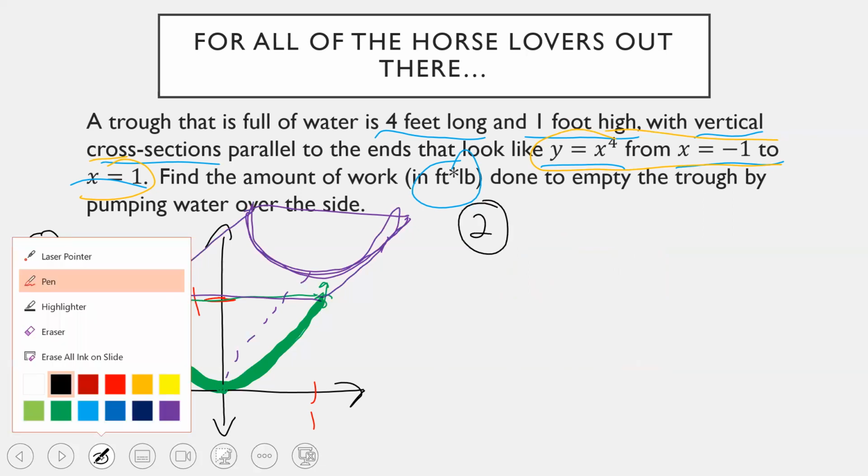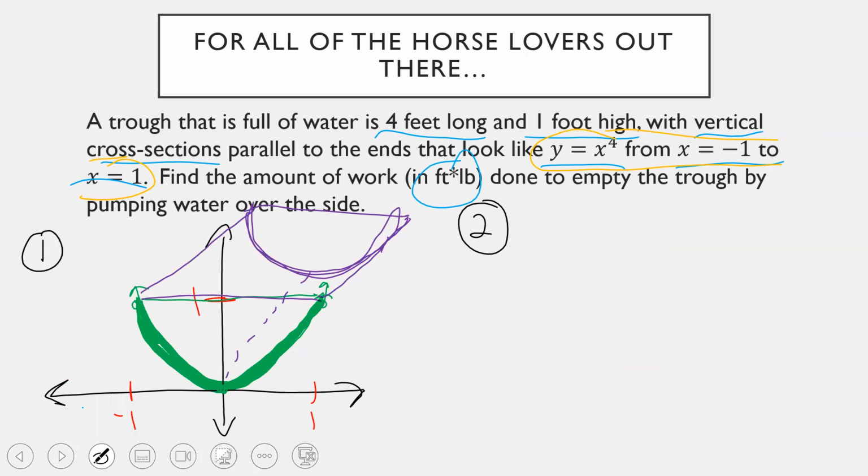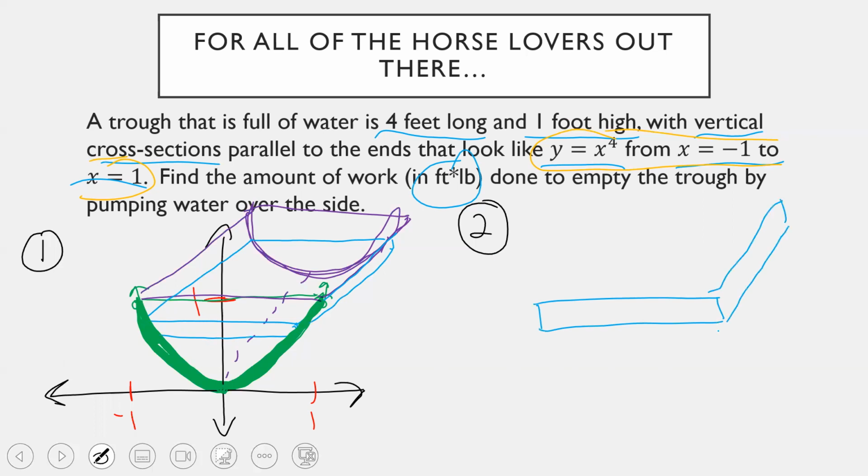Okay, so for the representative layer of water, I'm going to kind of draw it in here. So it's going to be like kind of a single layer here. And something like this. And I know it's probably hard to tell my picture here, so I'll sketch it over here. Basically what I'm doing is creating a layer that looks like this.